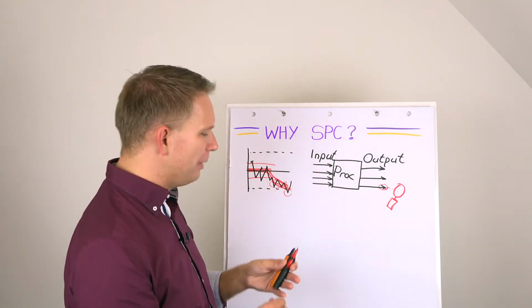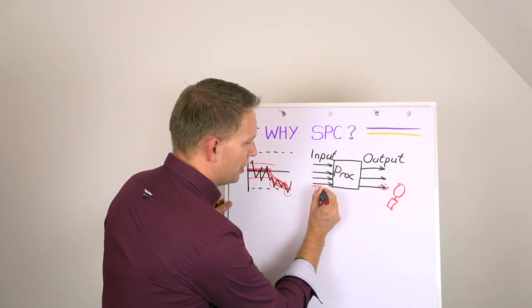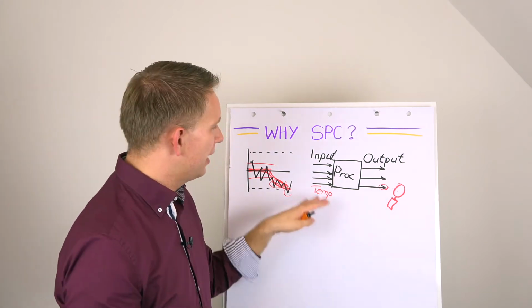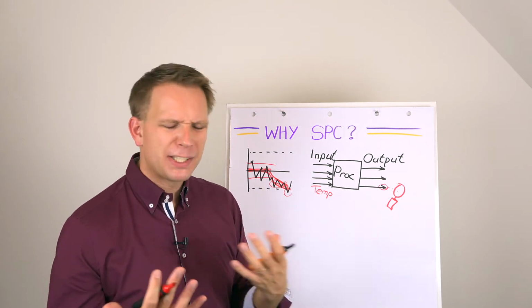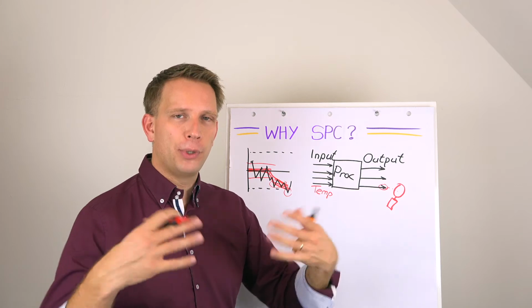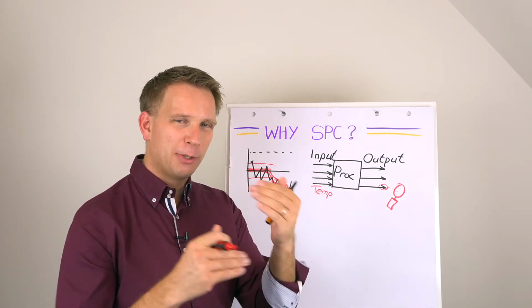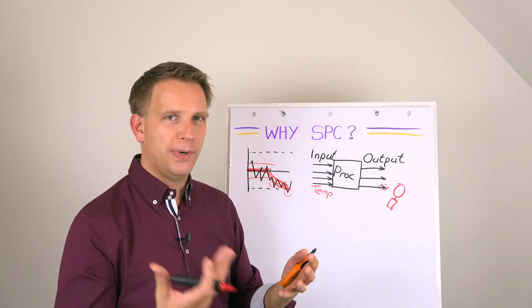Now, if we have the inputs, there might be, for instance, an input which is your temperature. If you are heating or sealing something, these are very nice things to be watching for. And it depends a bit on your process. If you have a process that takes heat out of your heating plates, you do need to know at what point in my process cycle will I measure, so that you don't introduce too much spread in your measurement.